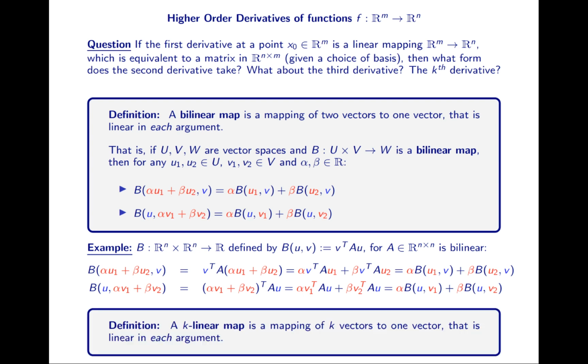Now, a k-linear map is a mapping of k vectors to 1 vector. That is, this mapping is linear in each of the k different arguments. So, in one dimension, suppose f is differentiable on the open interval a to b. For each x naught in (a, b), f prime of x naught is a number.